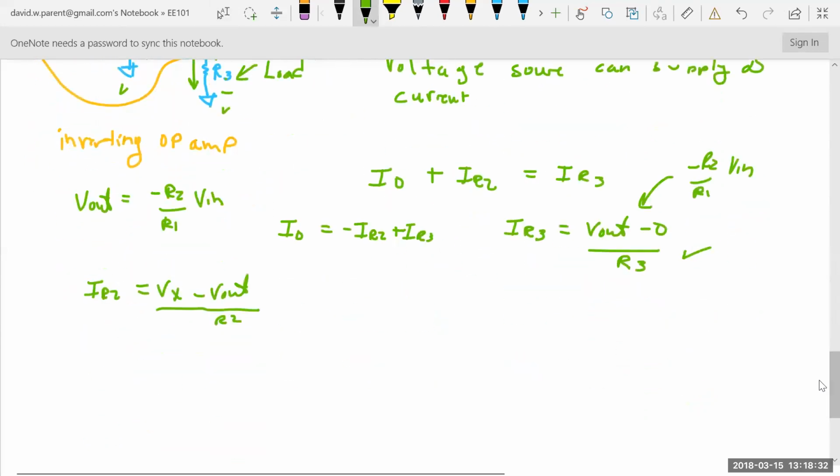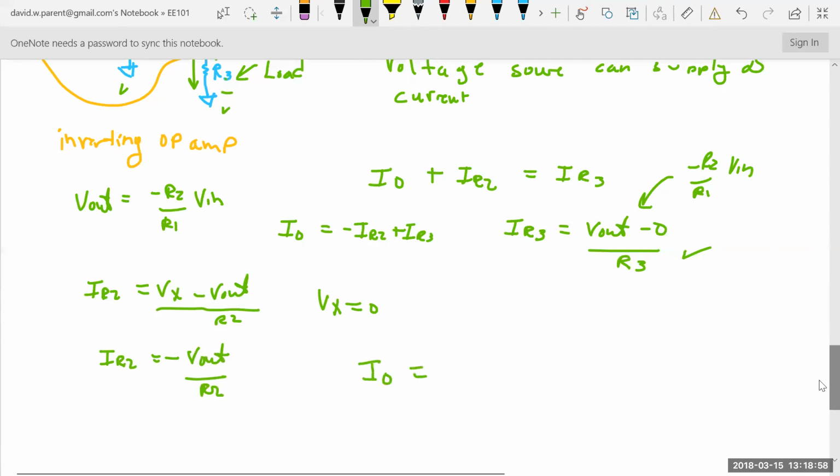Now, as we've shown, Vx equals 0, right? Because it's an ideal op amp in the inverting configuration. So really, IR2 equals minus V out over R2. All right, so now we come over here.